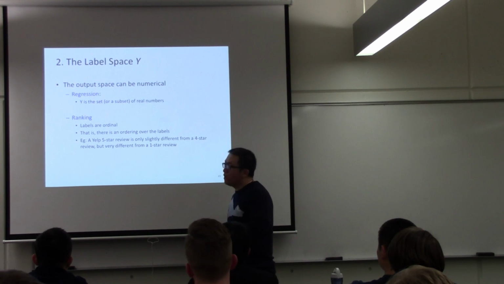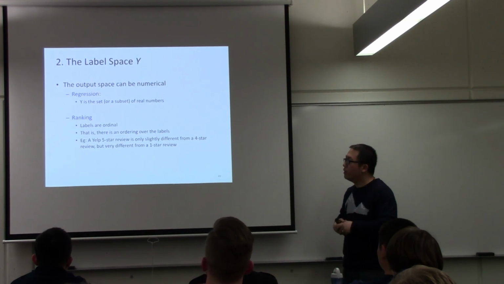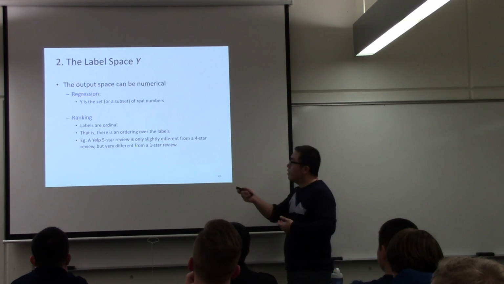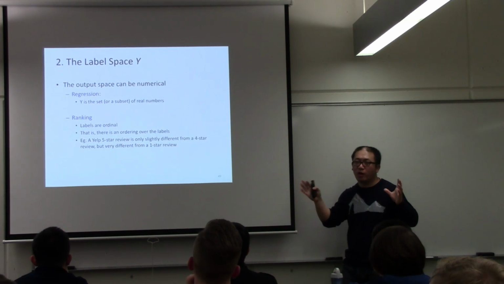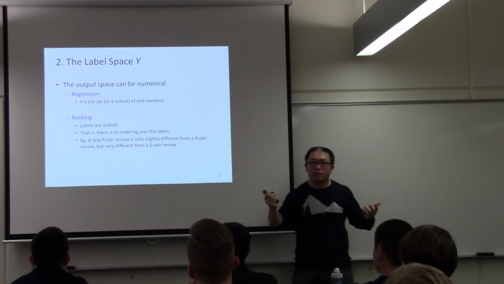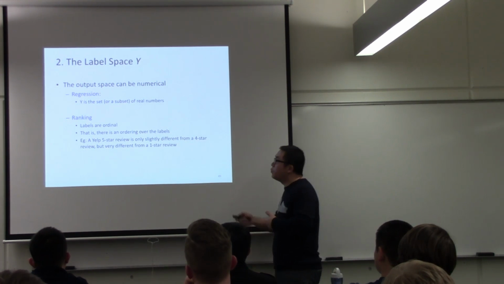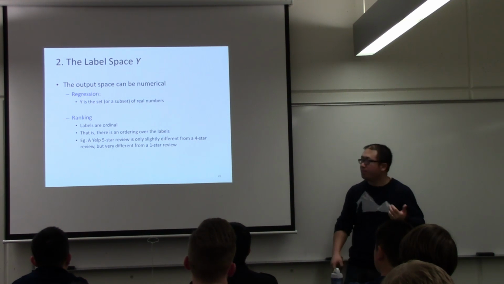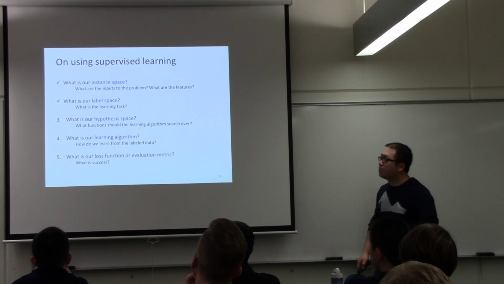Further, if the labels in our label space contain some ranking information, like a 5-star review on Yelp, which is slightly different from a 4-star review because they both indicate you are quite satisfied, but very different from a 1-star review, which means you are very unsatisfied, then to consider this ranking information and predict these labels, the task is referred to as ordinal regression. So this is pretty much what I want to talk about regarding the label space.